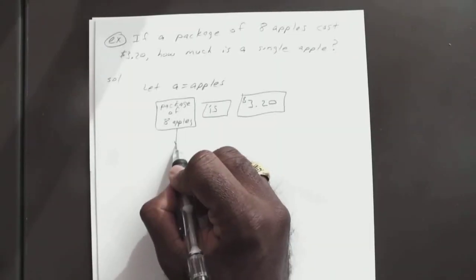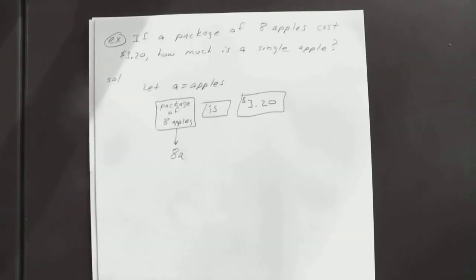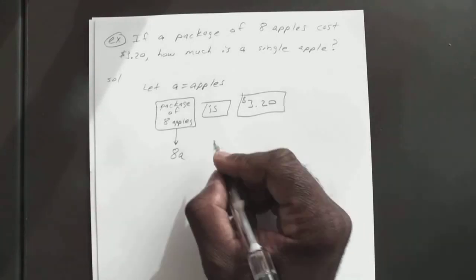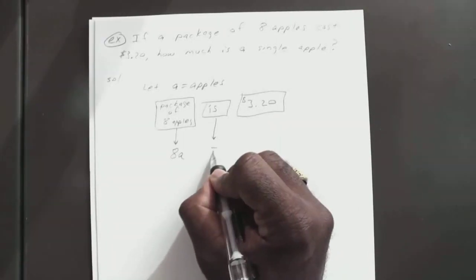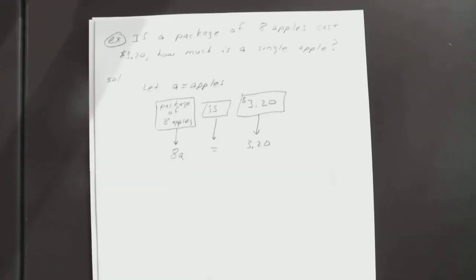Okay, so if we did decide to convert it, 8 apples is just 8A. Remember, is equals. And 320 is just that, 320. Okay, so you may have some questions that may give you the story problem and say, which one is the right equation? They may give you 3 or 4 different equations and have you pick one.